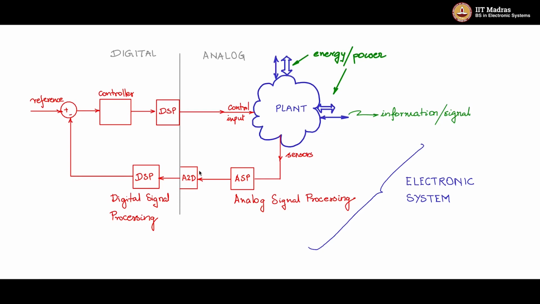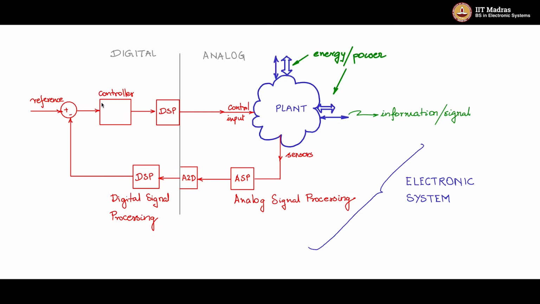And then pass it through an analog to digital converter, take it into the digital domain. Again, in the digital domain, the digital signal processing part may include a lot of filters again. IIR filters and FIR filters, finite impulse response filters and infinite impulse response filters.